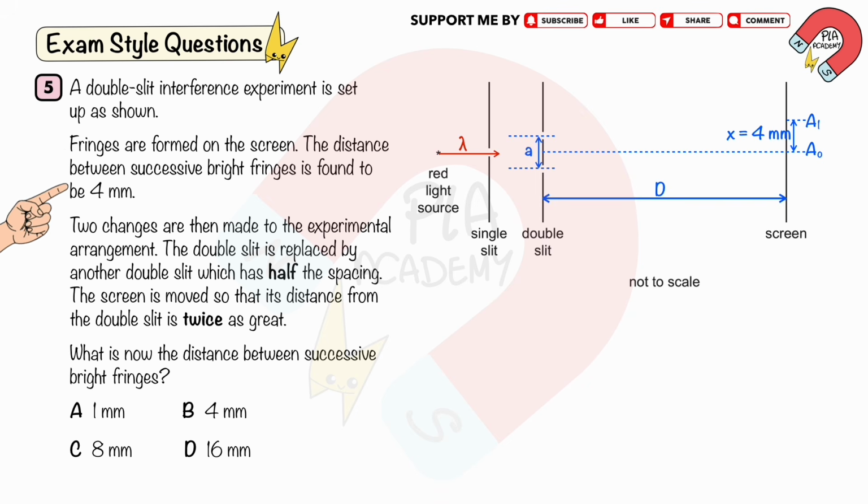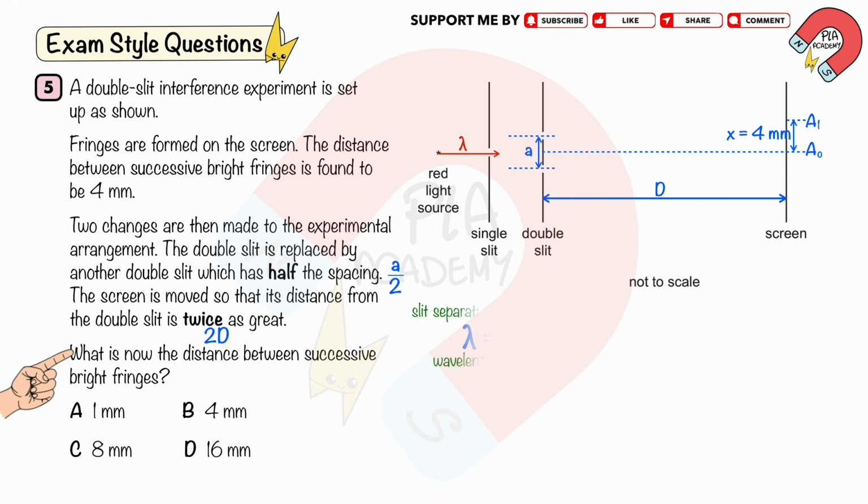Two changes are then made to the experimental arrangement. The double slit is replaced by another double slit, which has half the spacing. The screen is moved so that its distance from the double slit is twice as great. What is now the distance between successive bright fringes?